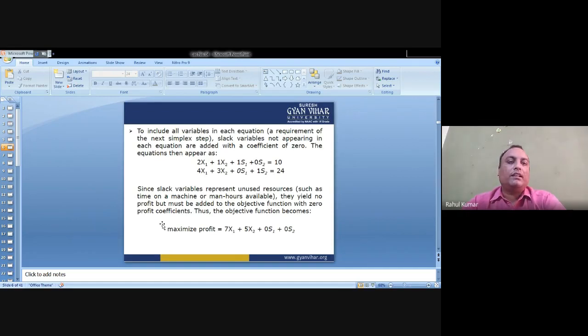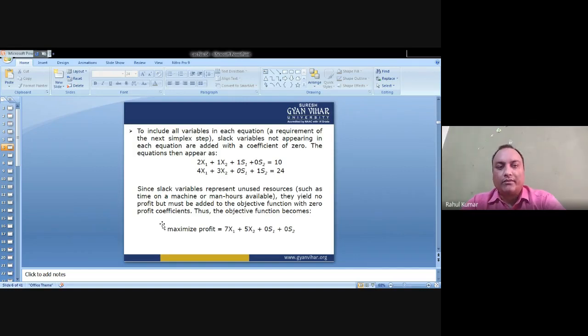For the next step, the first equation is 2x1 plus 1x2 plus 1s1 plus 0s2 equal to 10. For the second equation, 4x1 plus 3x2 plus 0s1 plus 1s2 equal to 24.